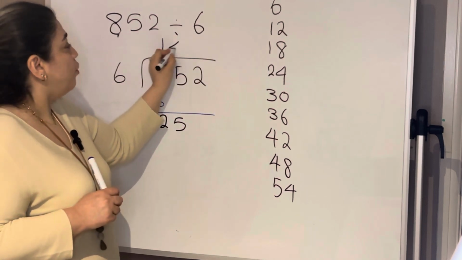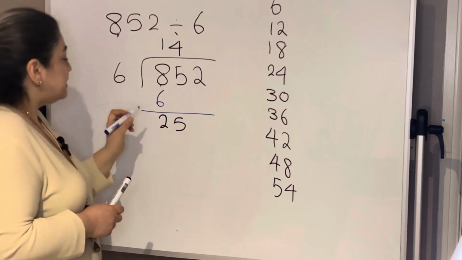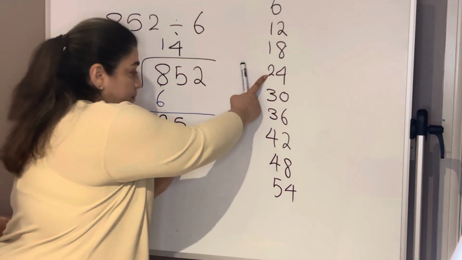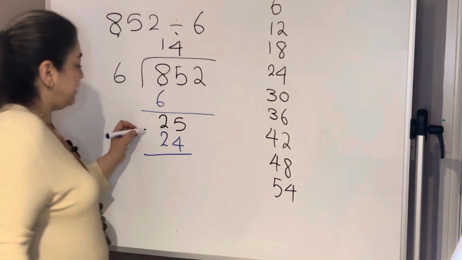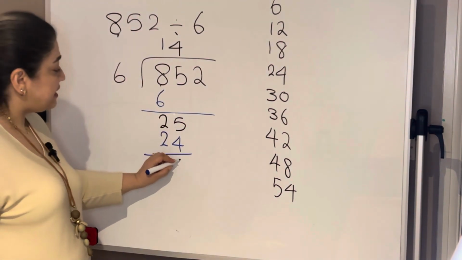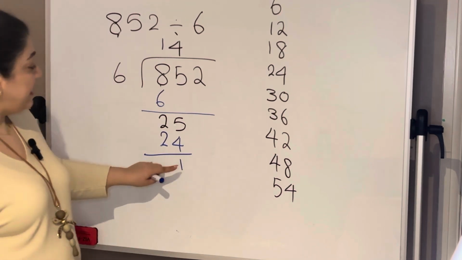So I put 4 here, yes. And then write down 24. I copy exactly this number here. And then again, take away. So when I take away, it is 1. We say the remainder is 1.